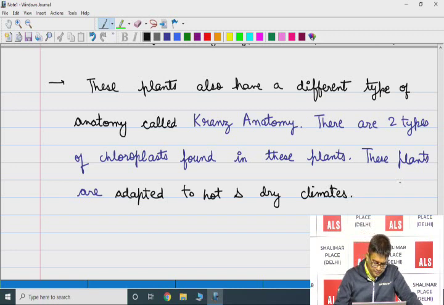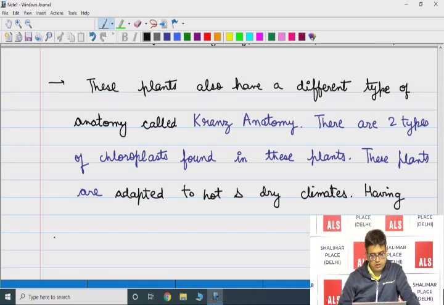Okay. And there are two types of chloroplast. The dimorphic chloroplast are basically found in the mesophyll, having two types of chloroplast.